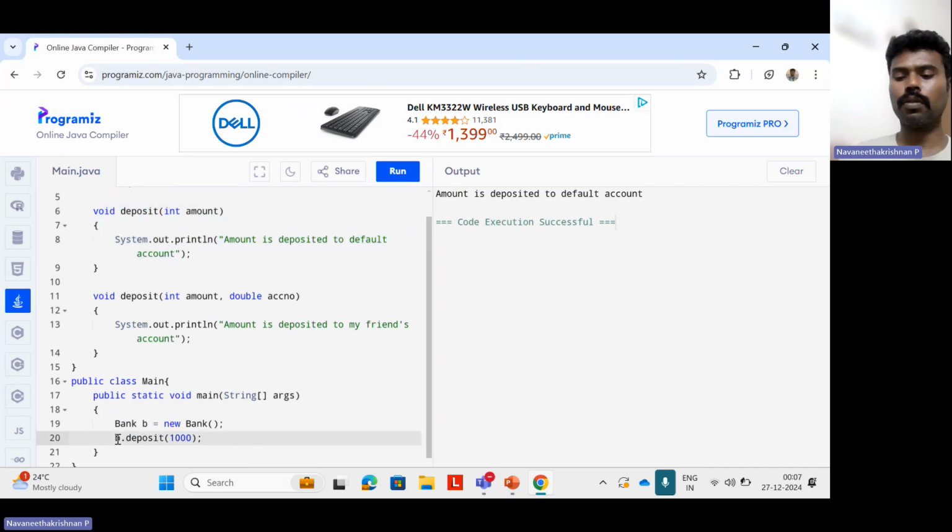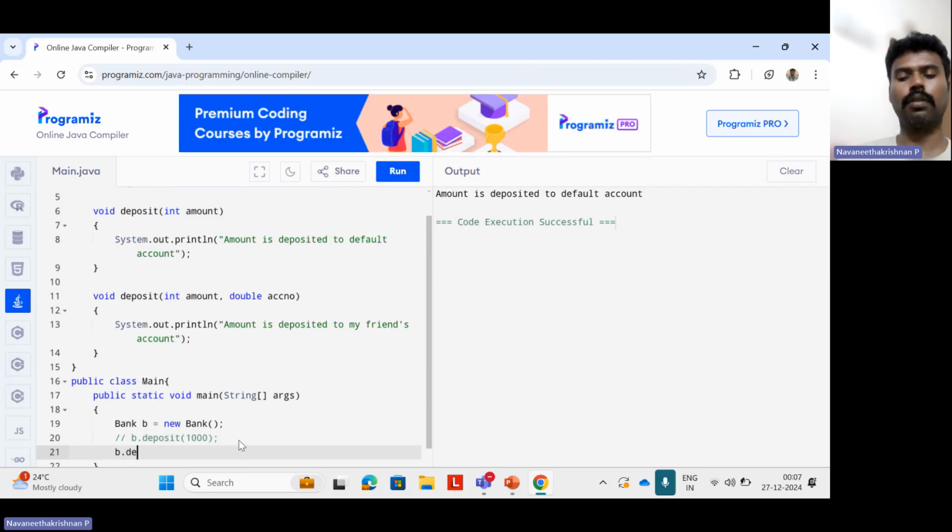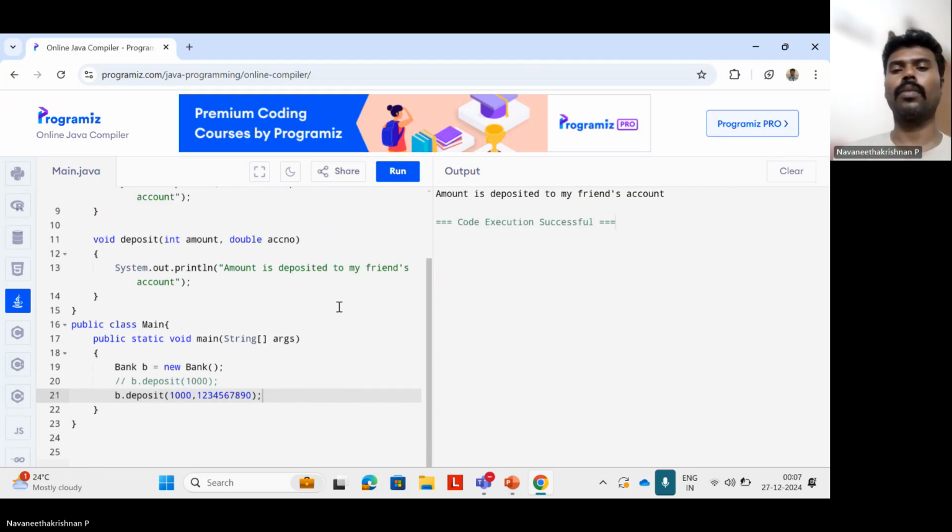Now if I'm calling the method with two parameters, let us check. The method with two parameters is called, and the other method is not executed.